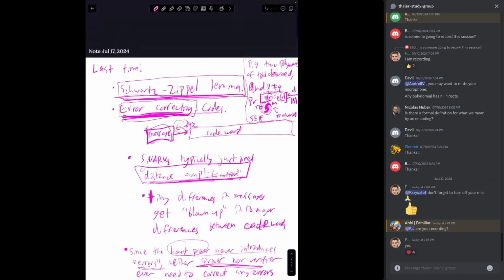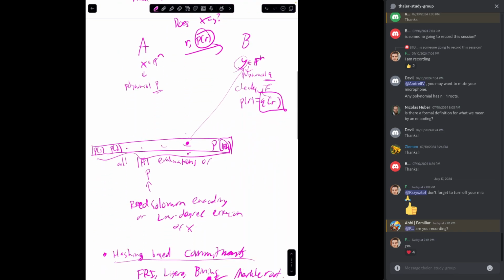So here, the soundness error of this fingerprinting protocol was the degree of the polynomials, which is n minus one, over the size of the set that R is chosen from. For simplicity, I always just say the whole field, but it could be a subset of the field.